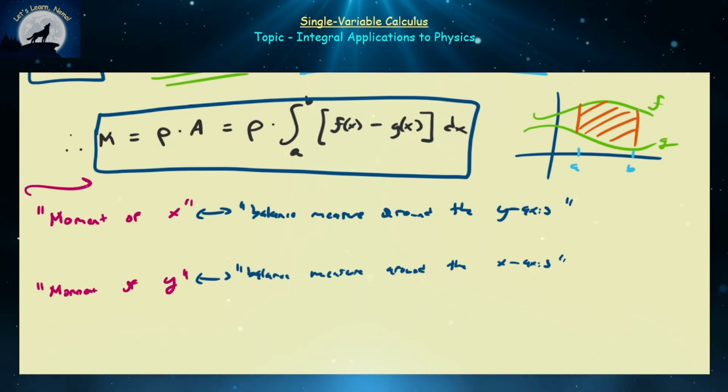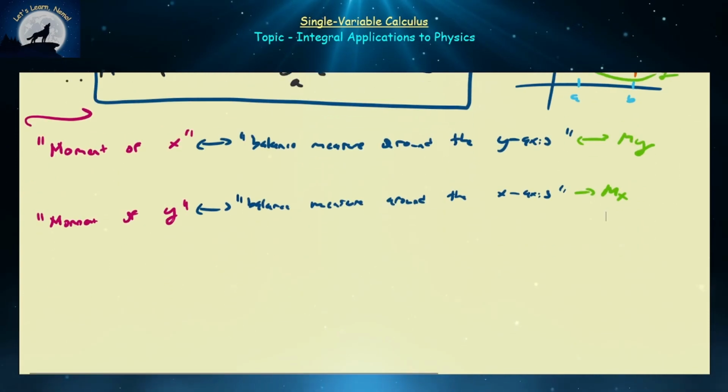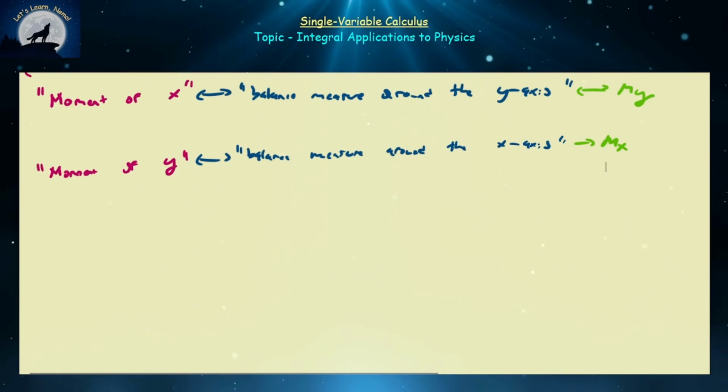So pretty much what we're looking for is the center of mass that will balance the surface at a particular point. So we need both x and y balance points. And since the moment of x represents the balance measure around the y-axis, we're going to be calling this My. And the balance measure around the x-axis, we're going to be calling this Mx.